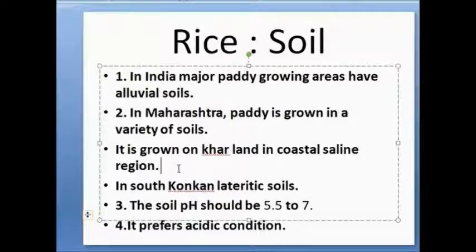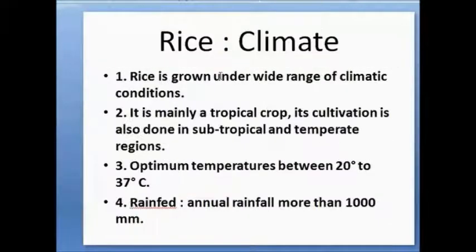Let us move over to another slide. What is the climate requirement? As we have just seen about the soil, now in the case of rice, what is the climatic requirement? Rice is the only crop in the world which can be grown in any climatic condition and any soil condition.